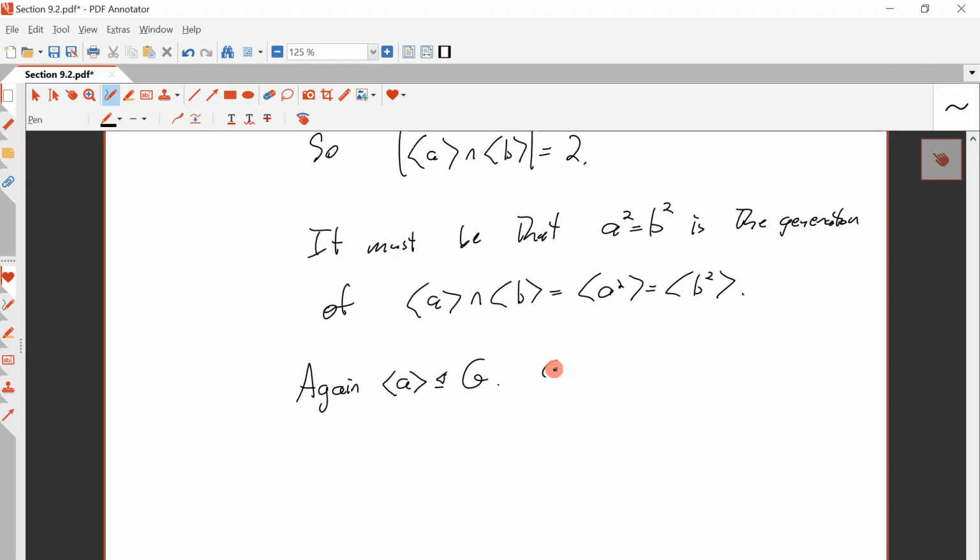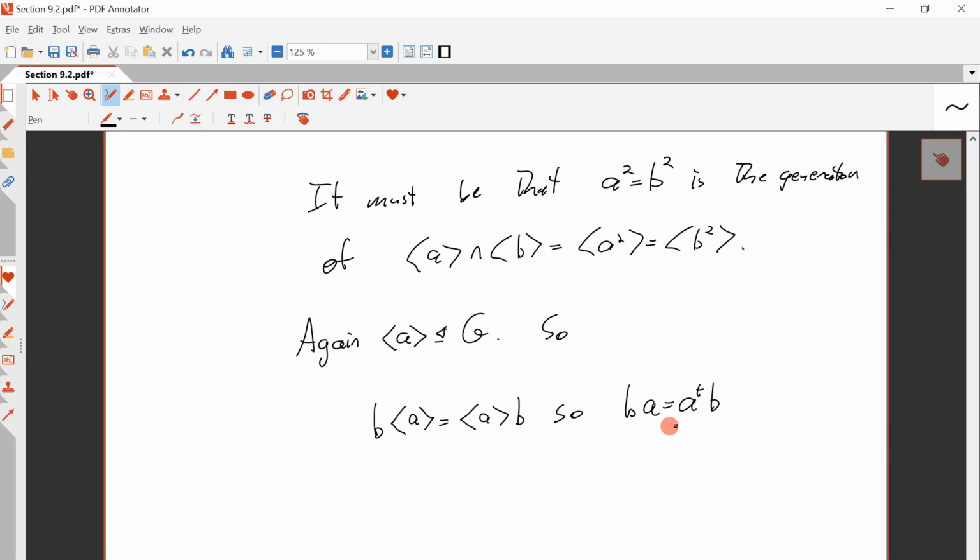Right, so the coset BA is equal to the coset AB, so BA is A to some exponent, A to the T, B. It can't be that T is equal to 1, because then G would be abelian.